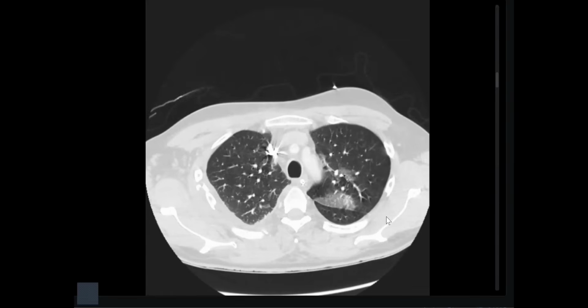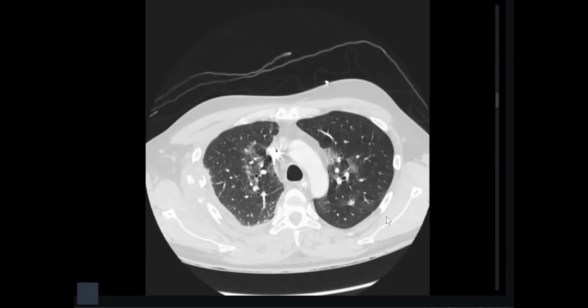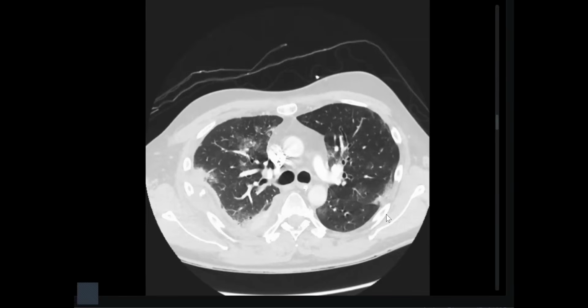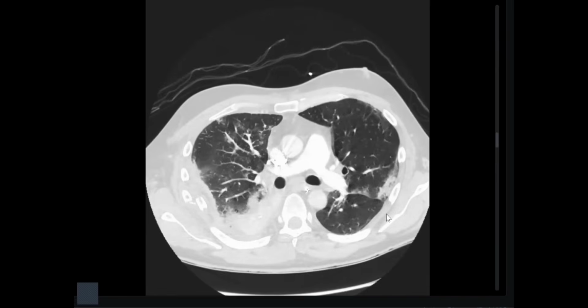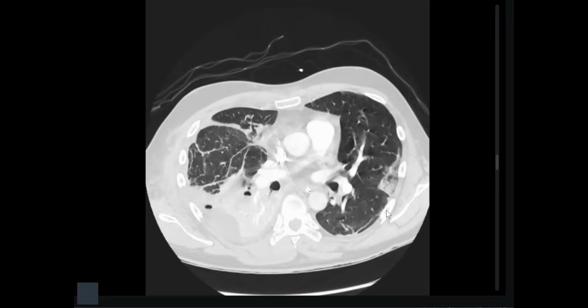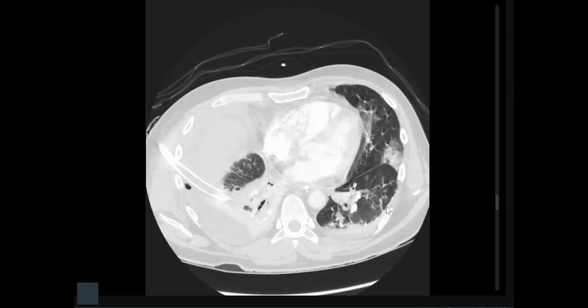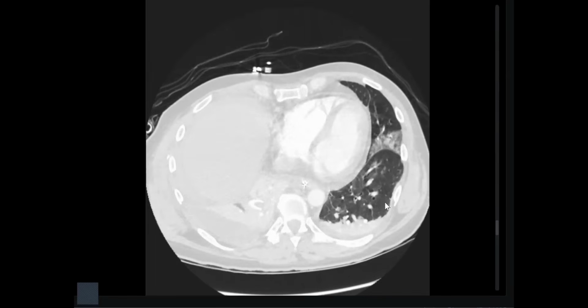Good point, you should start with the endotracheal tube and nasogastric tube, and any central venous line. Going from cranial to caudal, I'm seeing multiple areas of parenchymal contusion and the ICD.